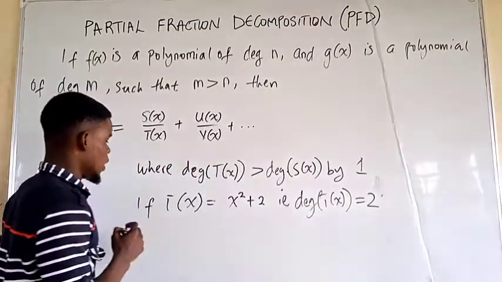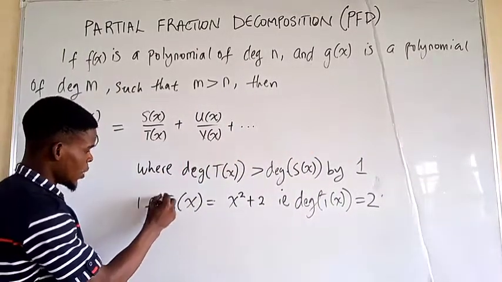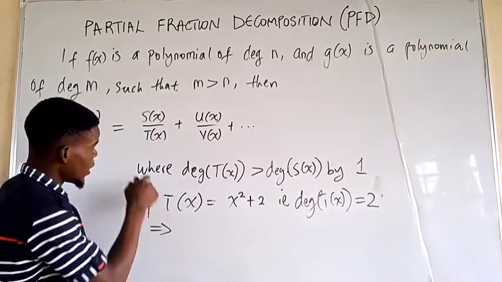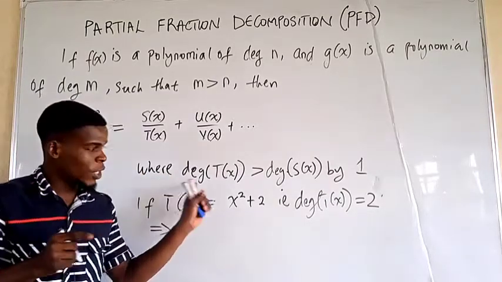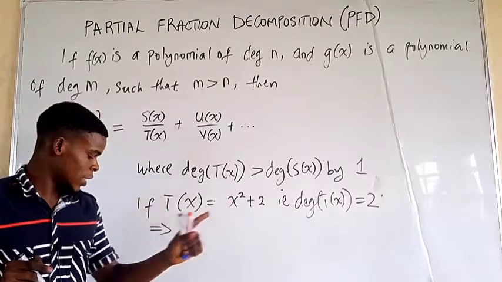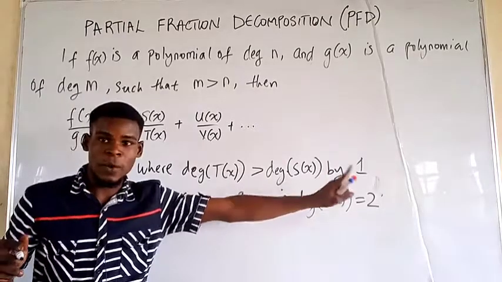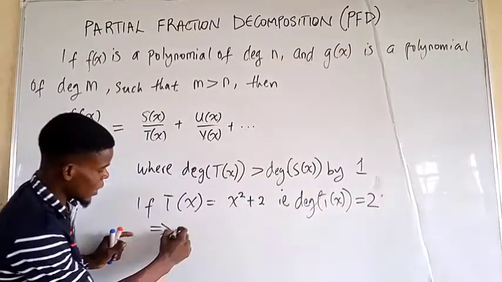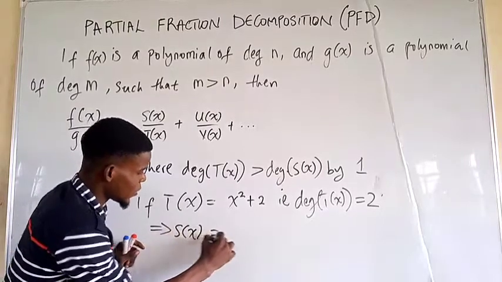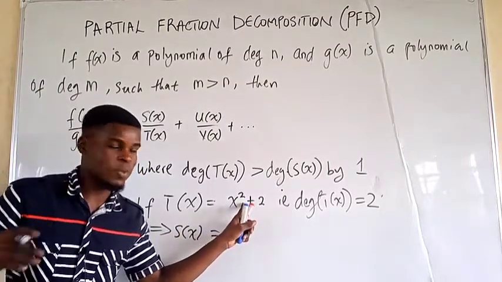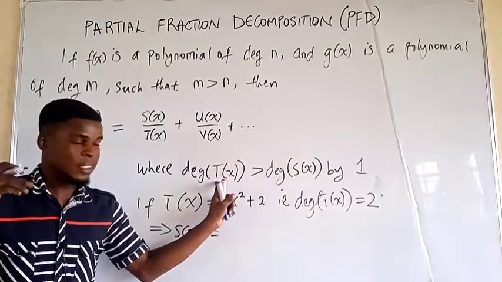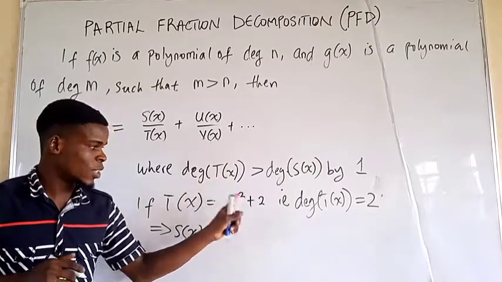Now, for the degree of t of x to be greater than the degree of s of x by 1, the degree of s of x should not be 2, it should be less than t of x by 1. That is to say, it should be 1, alright?